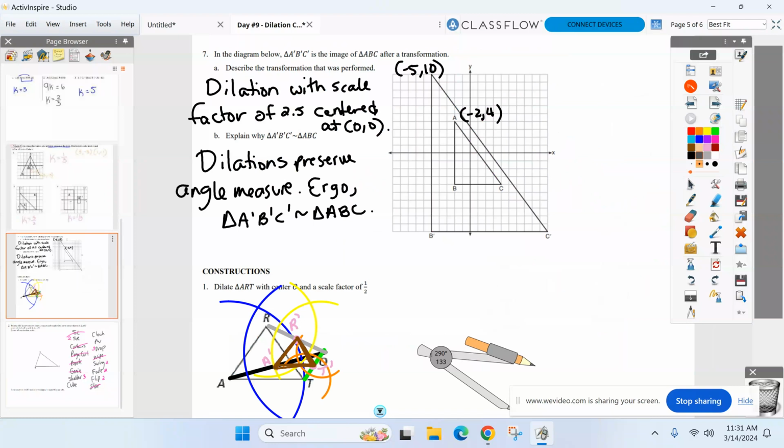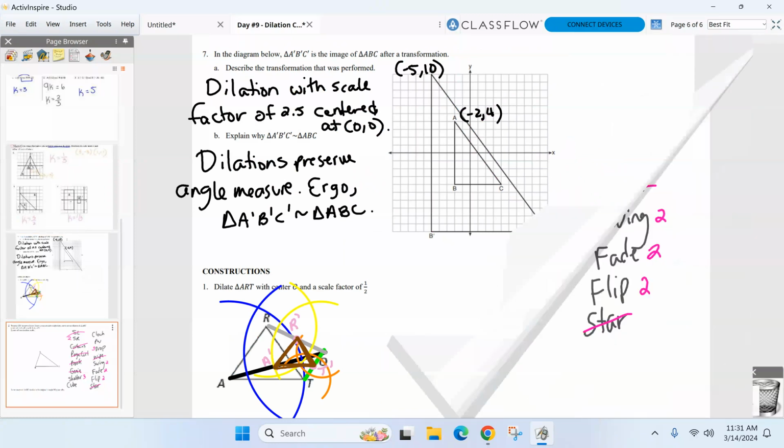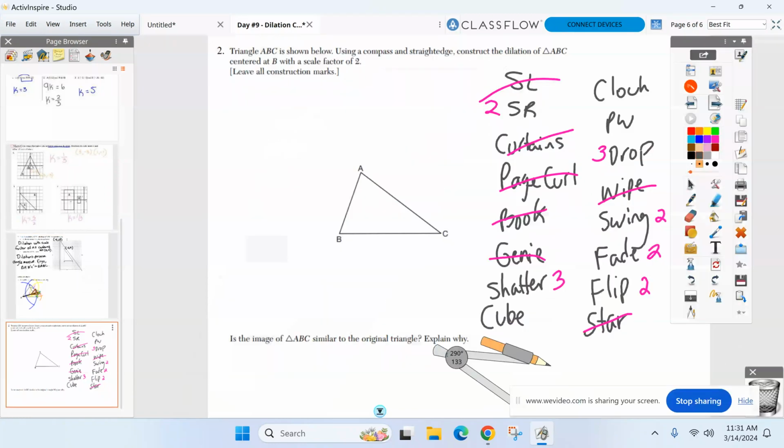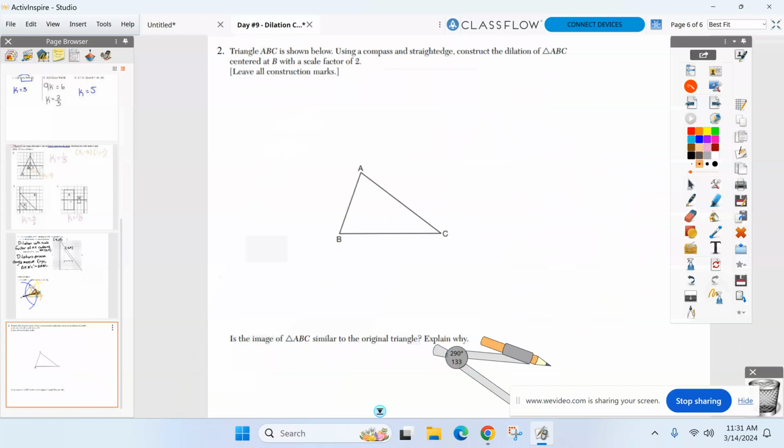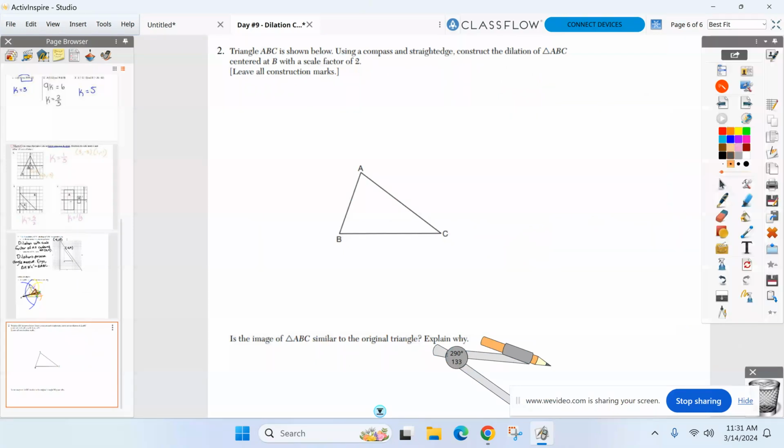Swing, fade, flip, slide right. Ready? That is the best thing that could have ever happened right there. And we go 0 for whatever now. Keep it up, kids. Here we go.